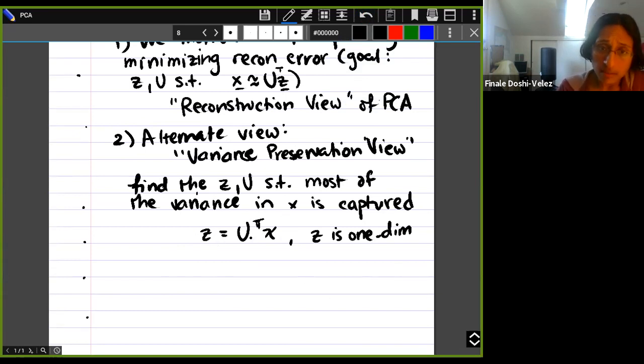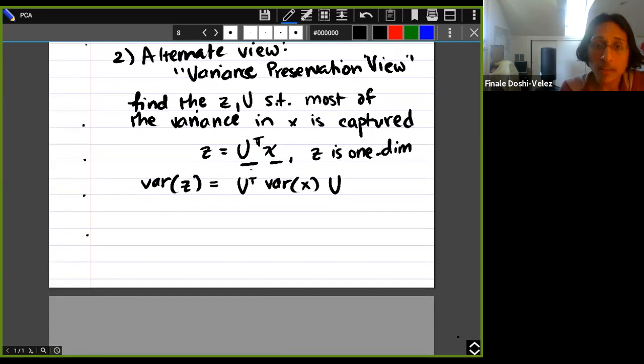So Z is going to be a scalar, U is just a one vector, and X is a vector. Let's see the expression for the variance of Z. We just use our rules of probability, and we find that the variance of Z is given by the following expression over here. And the variance of X is the same as sigma, yeah?